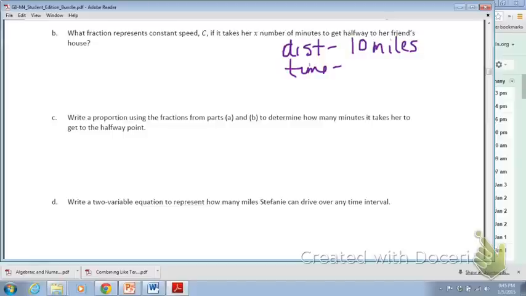The time I don't know, so the time is X minutes. So my constant speed is the distance, which is 10, over the time, which is X.